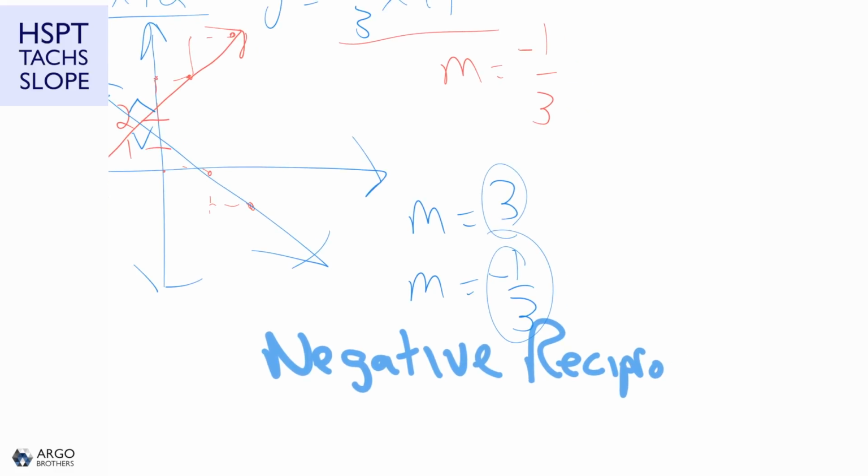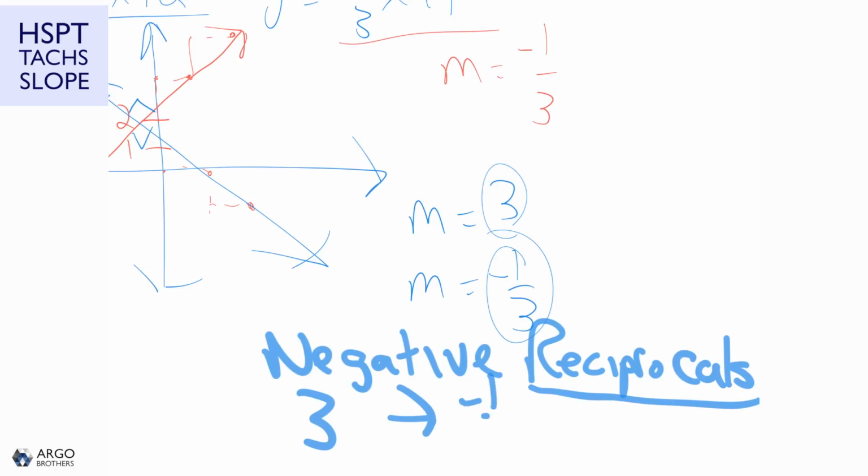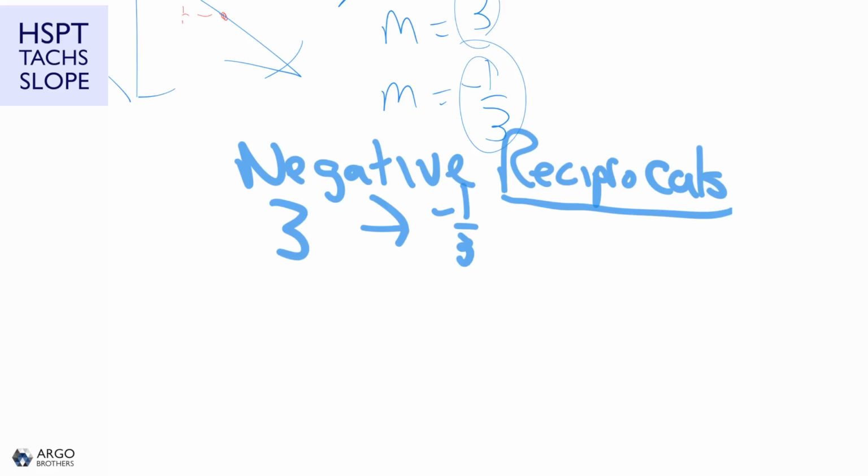Reciprocals means that if one is 3, we take the negative of 3 and then we flip it. To reciprocate means to flip it. So we go to negative 3 and then we flip it. If you flip negative 3, you get negative 1/3. Okay? So let's just talk about reciprocals really quickly. The reciprocal of 2 is 1/2. The reciprocal of 2/3 is 3 over 2, and so on.